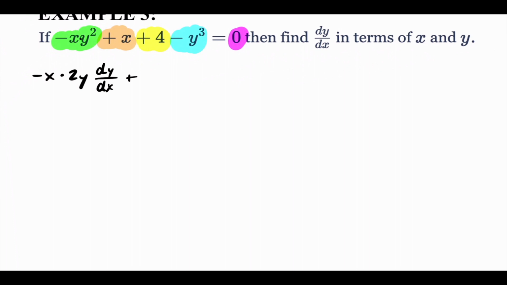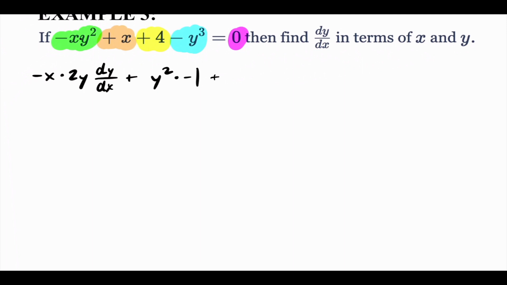Plus the second times the derivative of the first. Well, the derivative of the first is just negative 1. Okay, that's the derivative of the green.